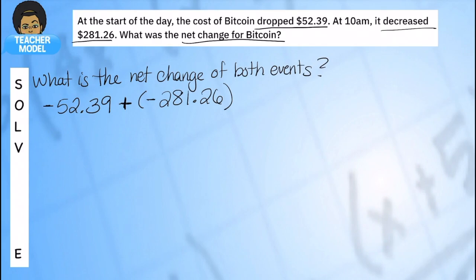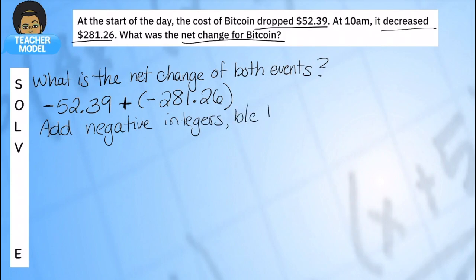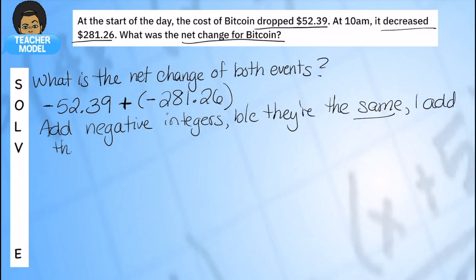So what is my action going to be? Well, I'm going to add negative integers. Because they're the same, we're going to add the absolute value.